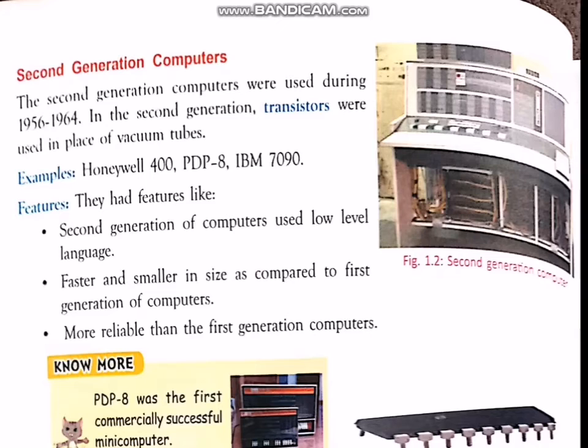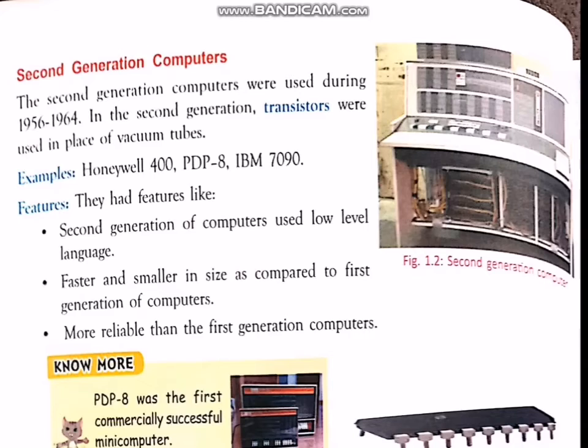The time period of this generation is 1956 to 1964. The second generation computer picture is also given there. Examples are Honeywell 400, PDP-8 and IBM 7090.